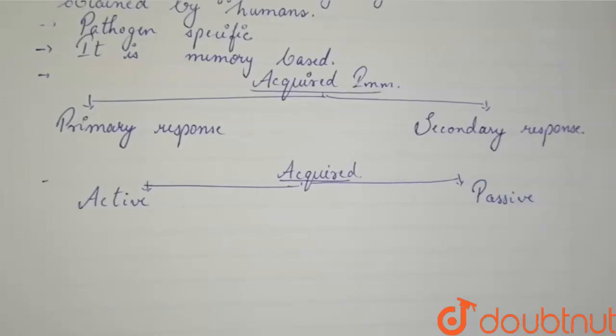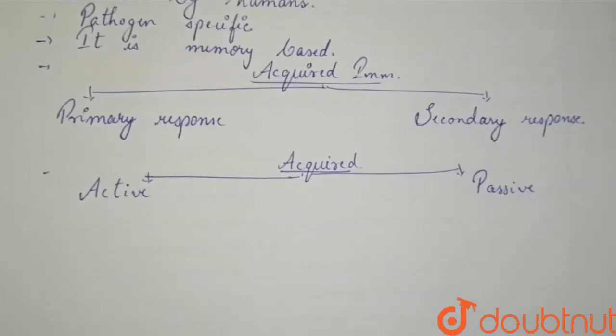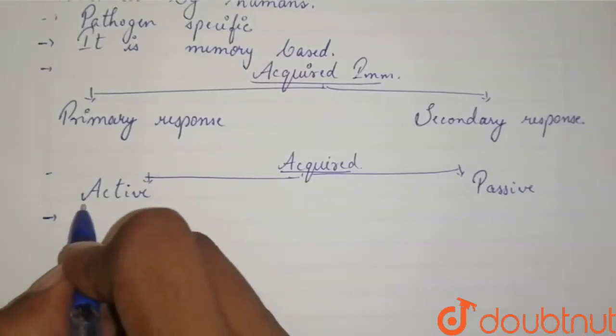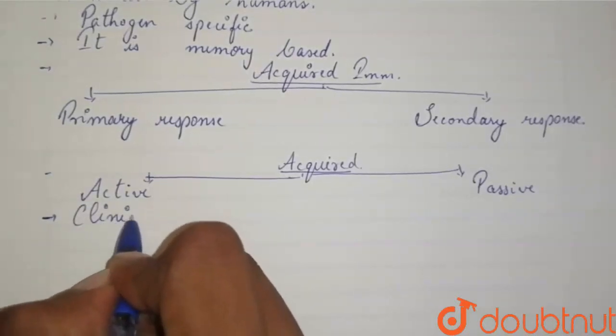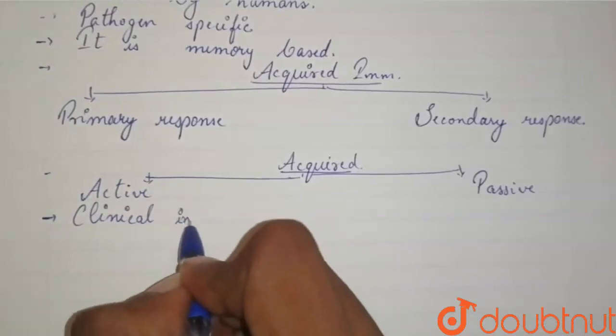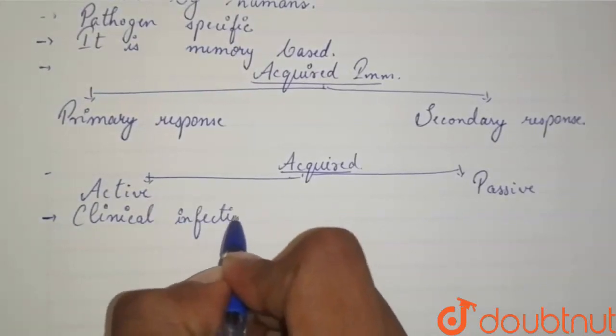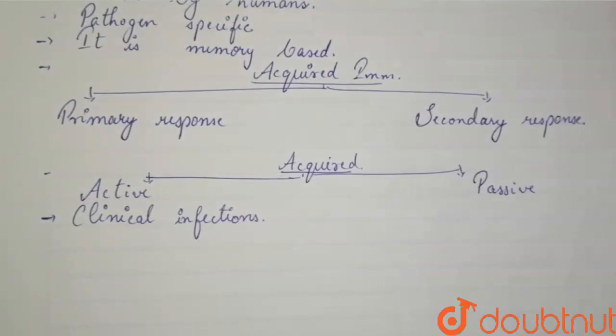Now we can see how we obtain acquired active immunity. The first method to acquire acquired active immunity is through clinical infections. The most basic example is chickenpox.